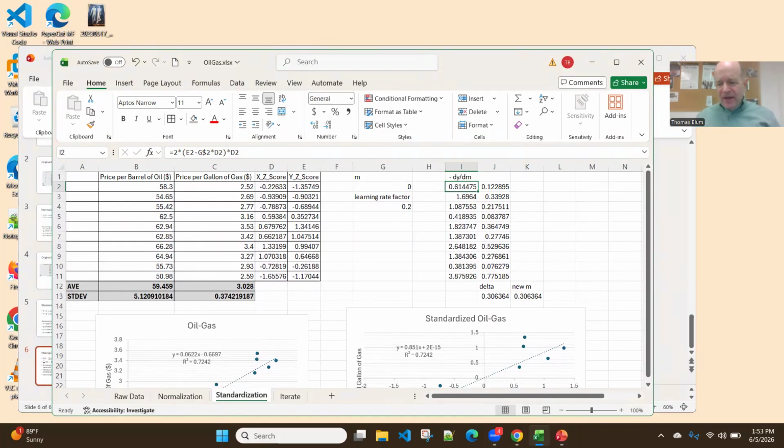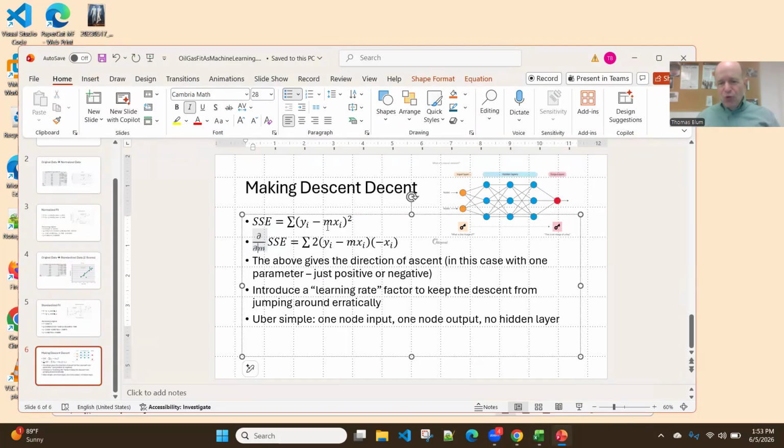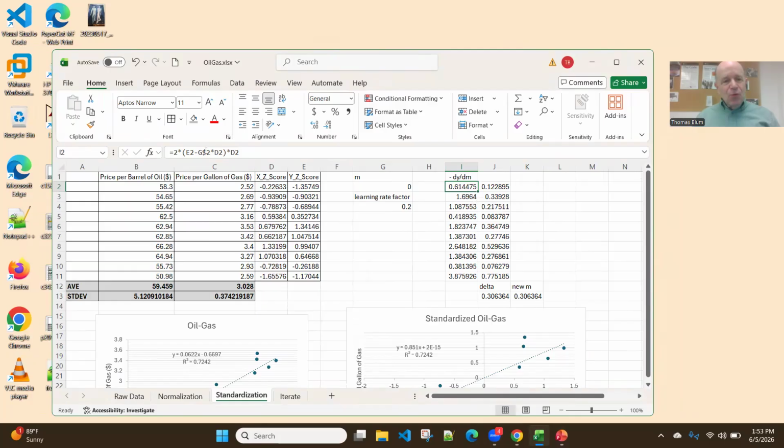And I am taking what we just saw there, 2 times y minus mx times, and then I want the negative of this, so I'm just going to say x, not minus x. And that's what I've got here. G with the dollar sign is my slope, so it's E, which is my y, minus G, my slope, multiplied by my x, and then multiplied by my x again, no minus sign, because I want a descent rather than an ascent. And so that's all these changes here.